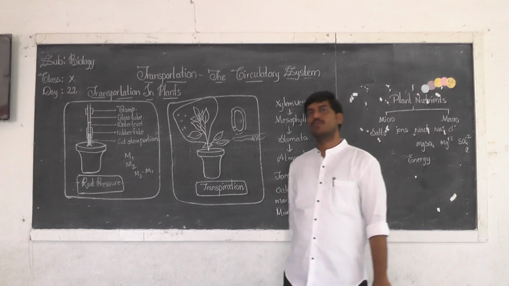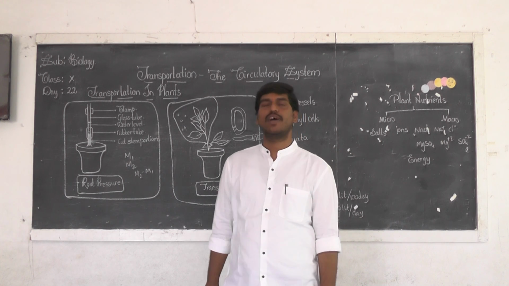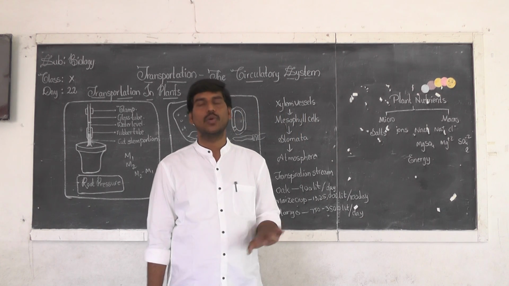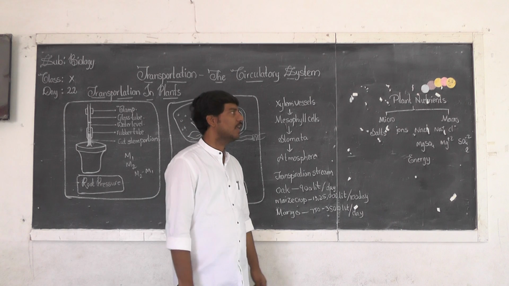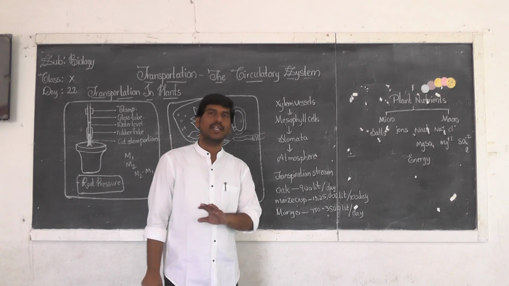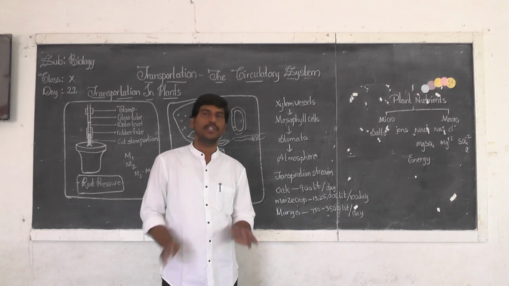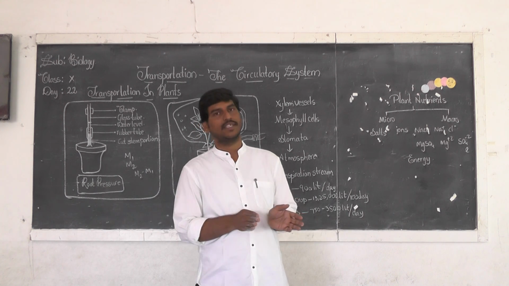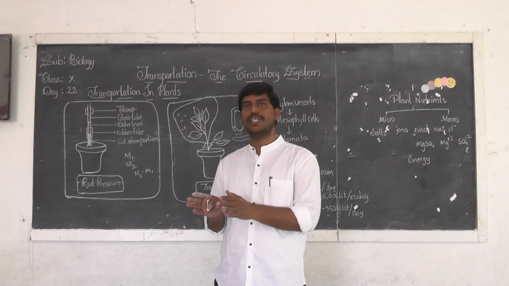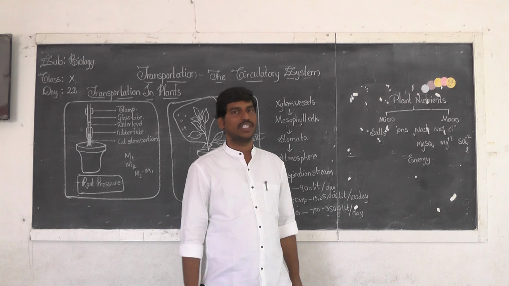Then, apart from water, plants even require mineral salts also for their growth and development. Now for that, plants require different types of nutrients. Some of the nutrients are required in lesser quantities, and some are required in larger quantities.